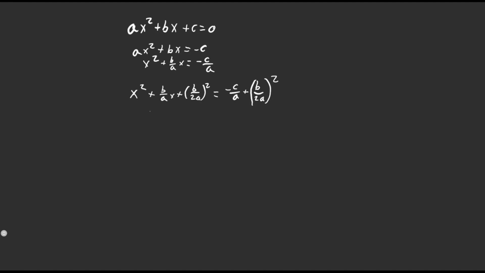So now we can go ahead and complete the square on the left side since we have a perfect square now. And we can just go ahead and expand this. And now what we can do is just group the terms on the right hand side where we will get this.